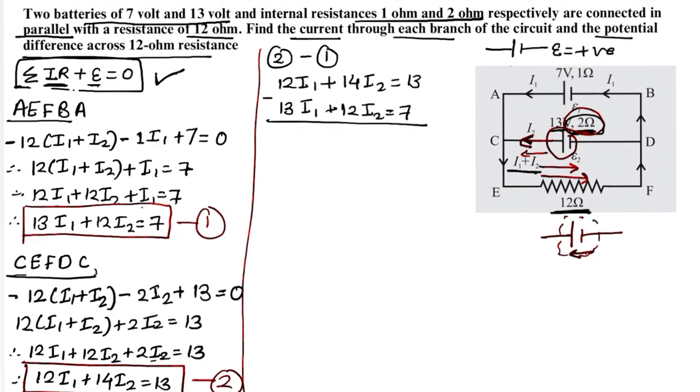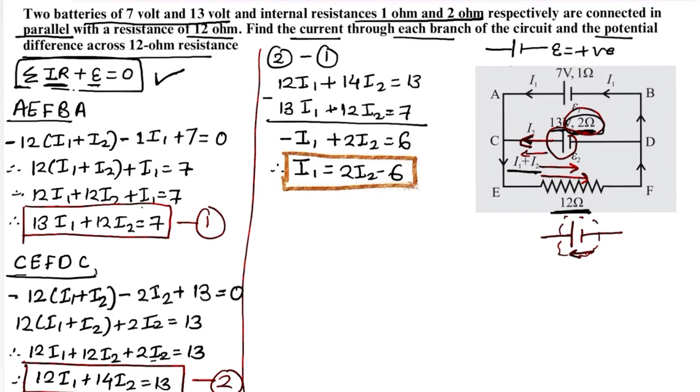We have to subtract it. 12 minus 13, it will be minus I1. 14 minus 12, it will be plus 2 I2 is equals to 13 minus 7, it will be 6. Hence value of I1 is 2 I2 minus 6. Here we get the value of I1.